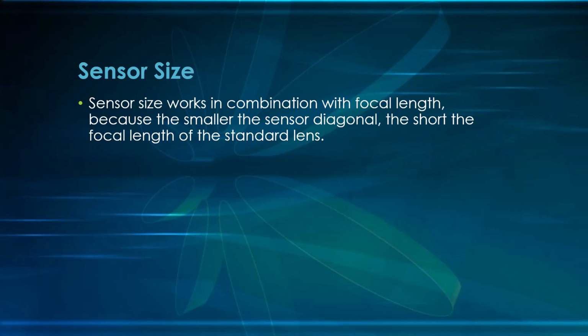For example, an APS sensor is about one stop depth of field different than a full frame if you have the equivalent lens. So if you had a 30 millimeter lens on an APS camera, that would be within the standard lens range of that sensor size.